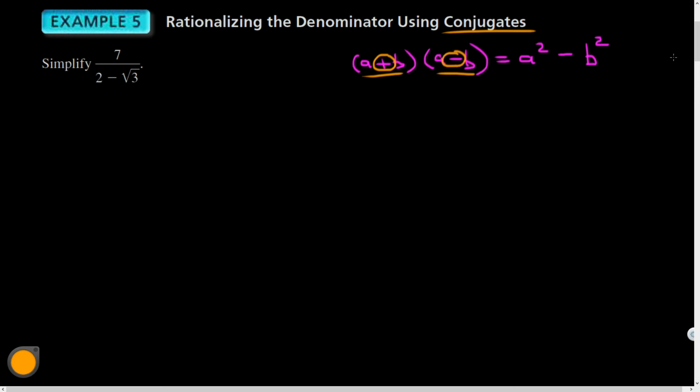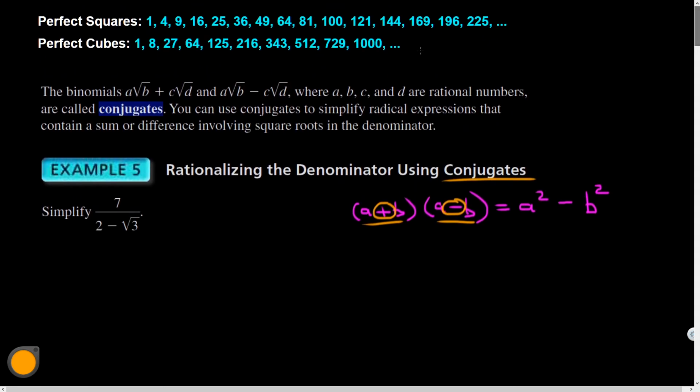It's the sum and difference pattern. The binomials a rad b plus c rad d, and a rad b minus c rad d, are called conjugates. Notice they're of the form a plus b and a minus b, except those terms have a bunch of other parts involved. And you can use conjugates to simplify expressions that have square roots with a sum or difference in the denominator.